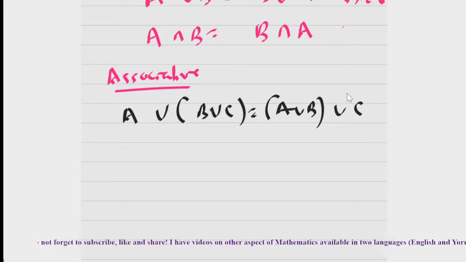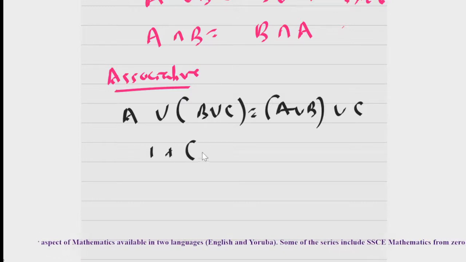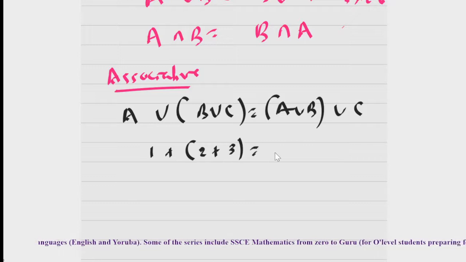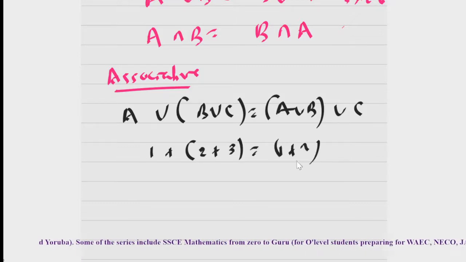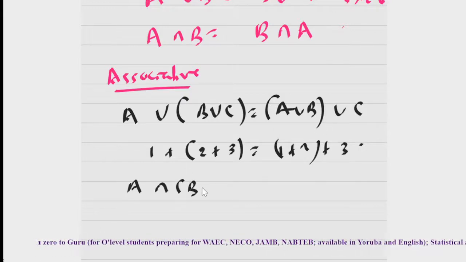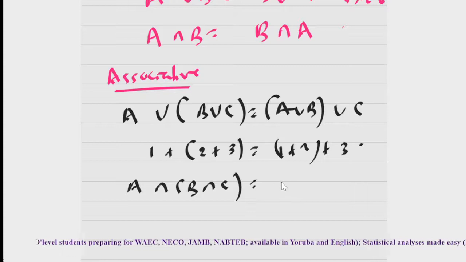They are associative. You understand now? You can see 1 plus 2 plus 3, because addition is also associative. Just see your union as addition. It is true. Likewise, your A intersection B intersection C is also the same thing as what?